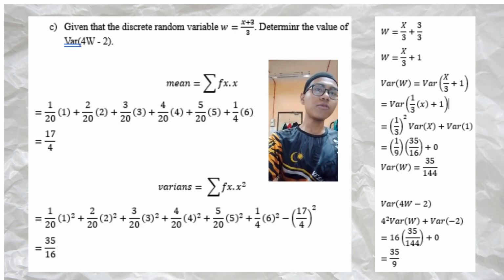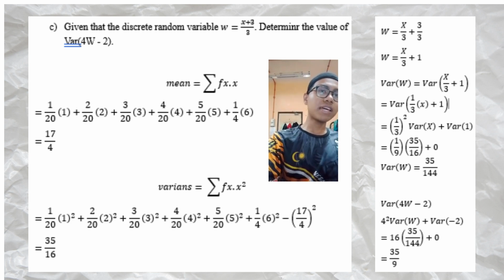So for the variance, it is equal to sum fx times x square. Firstly, we need to do the same like the mean, but for the x we need to square it.